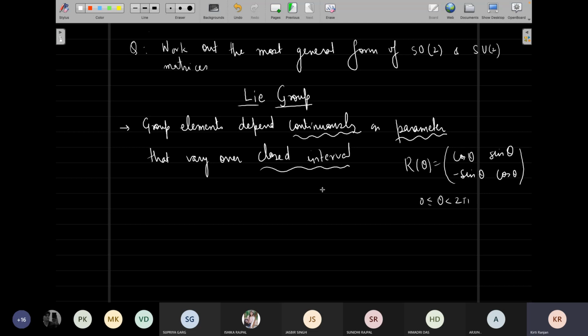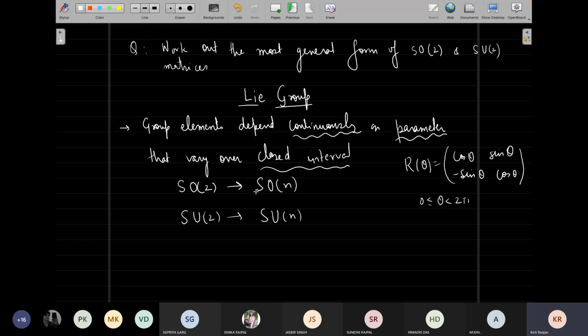It is over a closed interval. So under composition, it forms a group. So Lie groups correspond to all such classes. So for example, this SO2, and in general we can generalize it to any SON, and also SU2 to SUN.